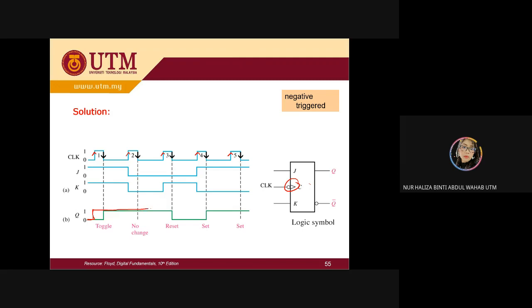Although the wave looks similar, at the specific time you trigger at the wrong time, you're going to have 0 because it is wrong.